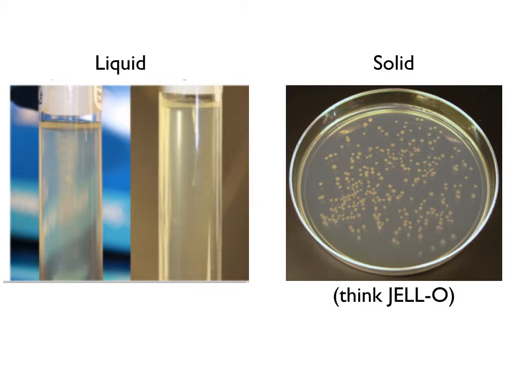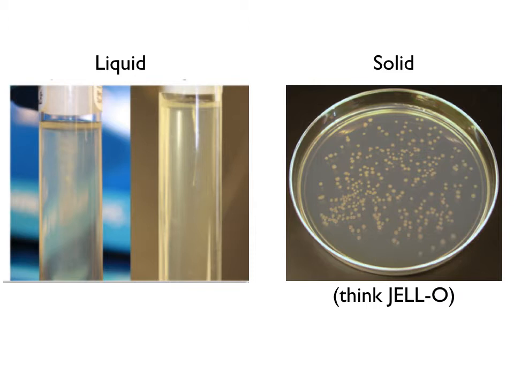But over time, if you put a single bacterium into that clear media on the left and you let it sit overnight, by the time you come back the next day, the media will appear cloudy. It's cloudy because the population of bacteria has grown from one to millions. And so it is all the little bacterial cells floating in that liquid that are making it cloudy or opaque.